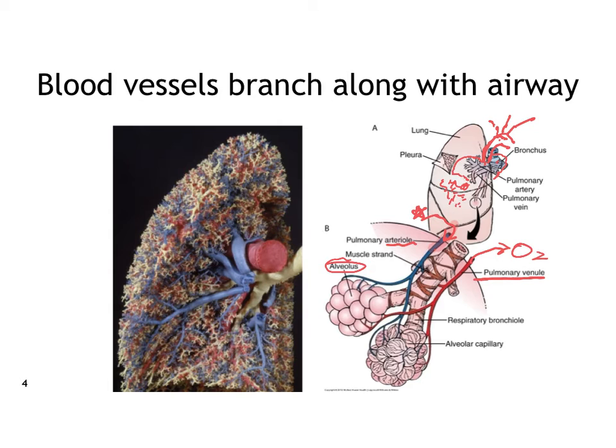Because it's tissue as well, so therefore it has to have oxygen. It's not going to get its oxygen from my pulmonary artery or pulmonary veins as it comes out. The tissue itself, the lung parenchyma, has to have a blood supply to it, just like the liver, kidney, or any other tissue. It has to have an oxygenated blood supply, and it does not come from the pulmonary venule. It comes from what is known as the bronchial circulation.